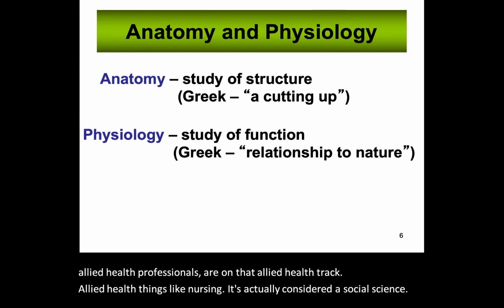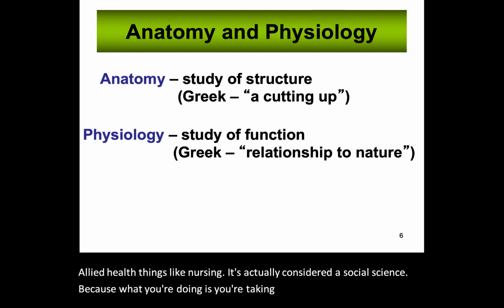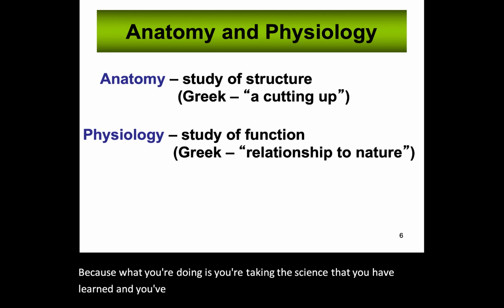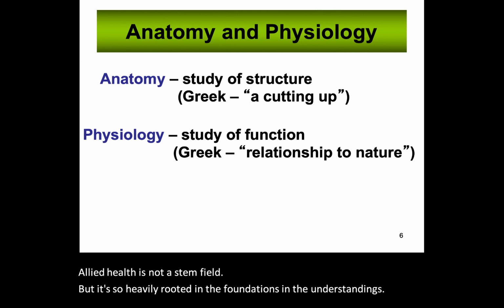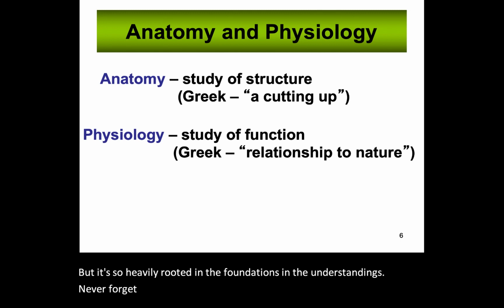Because what you're doing is you're taking the science that you have learned and you're applying it to patient care. Allied health is not a STEM field, but it's so heavily rooted in the foundations and the understandings. Never forget what you learn in A&P1 and A&P2.